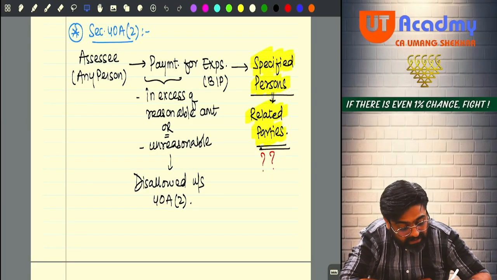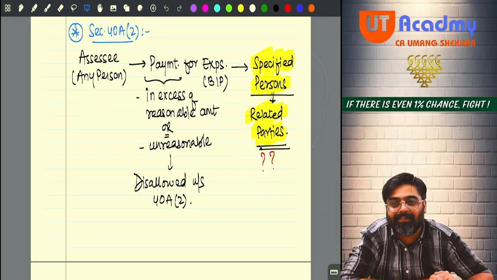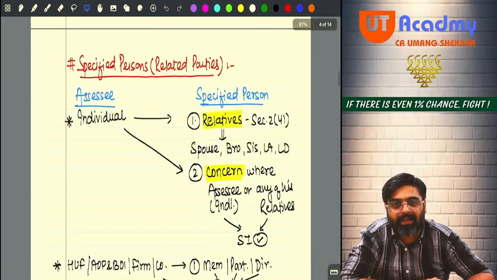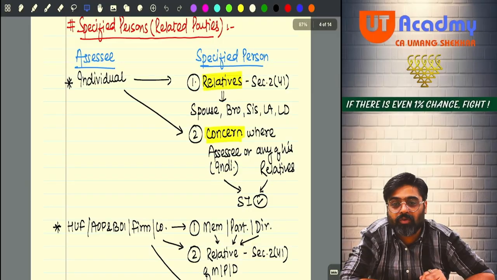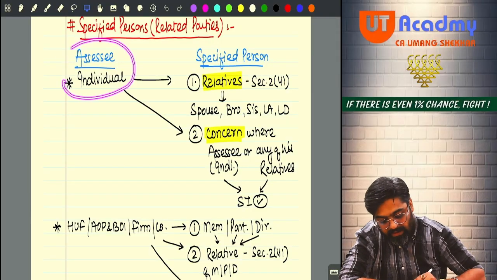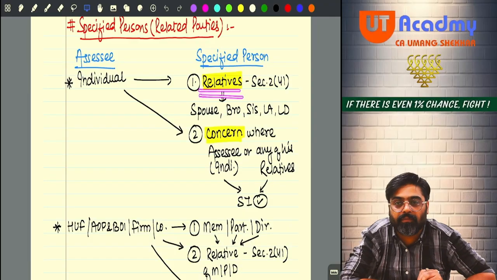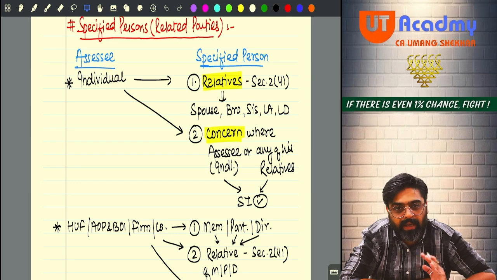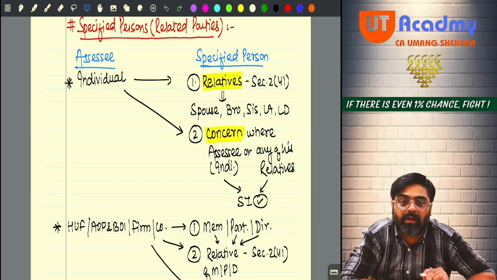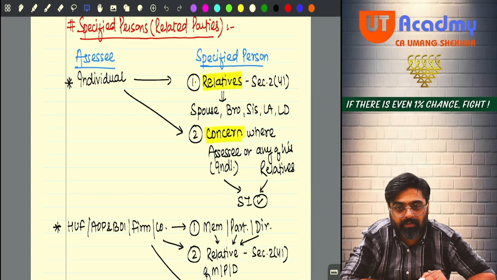Now, who are these related parties, sir? So related parties for an individual. If you are an individual, for you the related party is any of your relatives. Now see, under section 40A subsection 2, they have said that your relatives are your related parties.